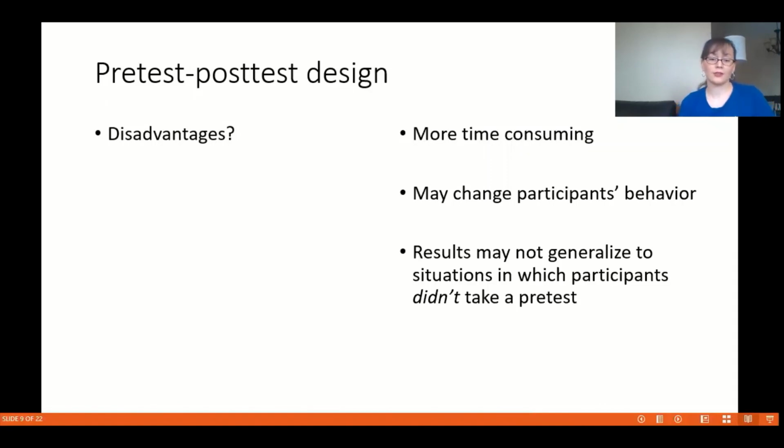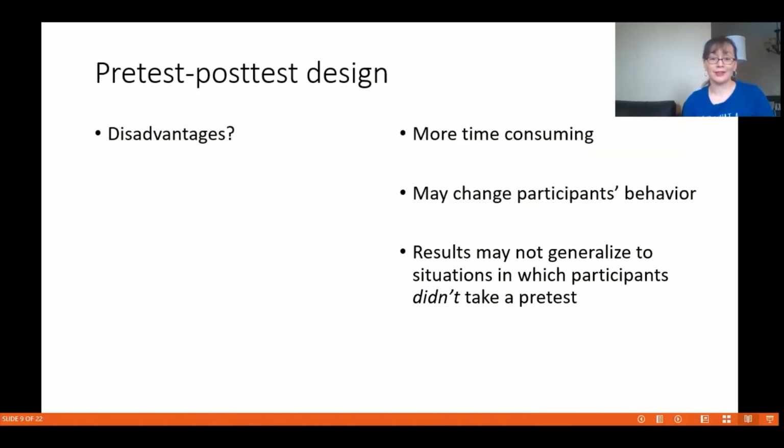It's also the case that results might not generalize to situations in which participants didn't take a pretest. When we're thinking about how our results generalize and what other situations our results apply to, our results might not generalize to situations where people didn't take a pretest. In everyday life, we don't have these kinds of pretests.